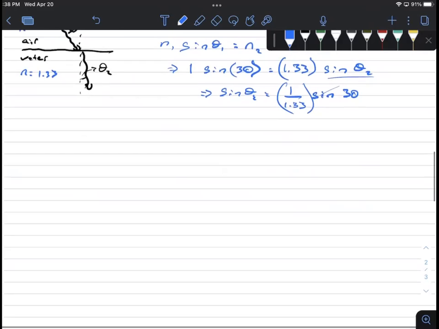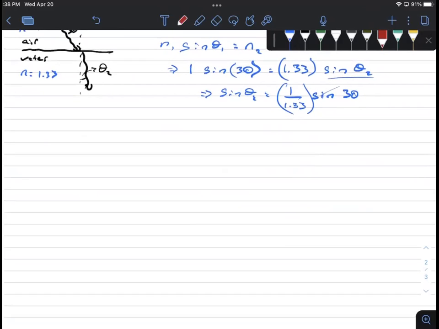And so before I do it, just to remind you of how to do something like this, if you have sine of x is equal to b, let's say, and you want to solve this for x, you have to get rid of this sine. And just as is always true in algebra, if you want to get rid of something, you have to do the opposite to it. So right now what I'm doing is I'm taking the sine of x, but I don't want to do that.